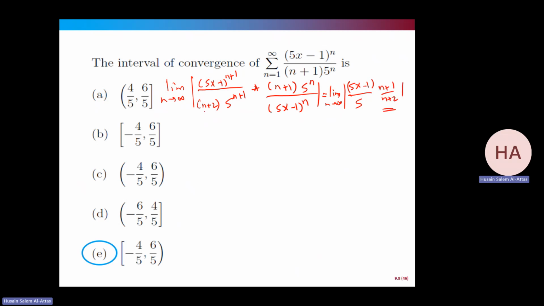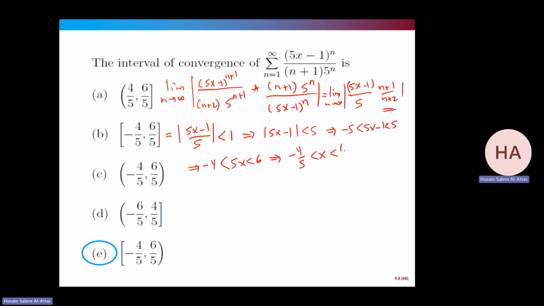This is a very clear one. So I have the absolute value of 5x minus 1 over 5 less than 1, so 5x minus 1 is between minus 5 and 5. So 5x is between minus 4 and 6. So x is between minus 4 over 5 and 6 over 5.